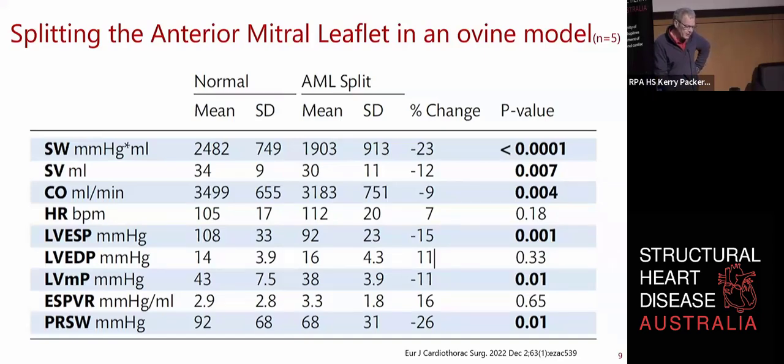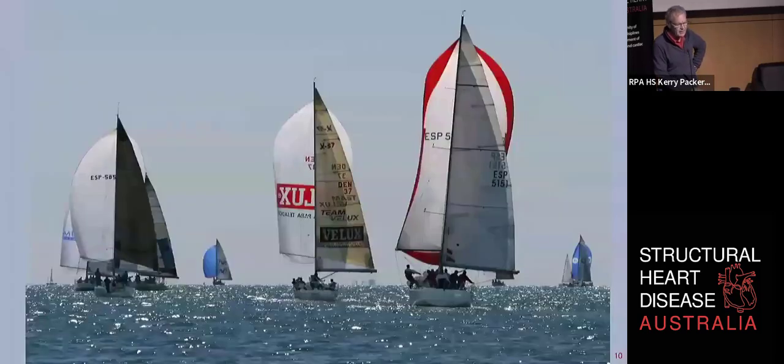So obviously the heart's getting quite sick. We only got contractility measurements, the ESPVR and the PRSW, on 3 sheep, so I don't think they're statistically significant. But the point about the pressures exerted through the marginal chordae is like the wind pushing a yacht through the ocean.